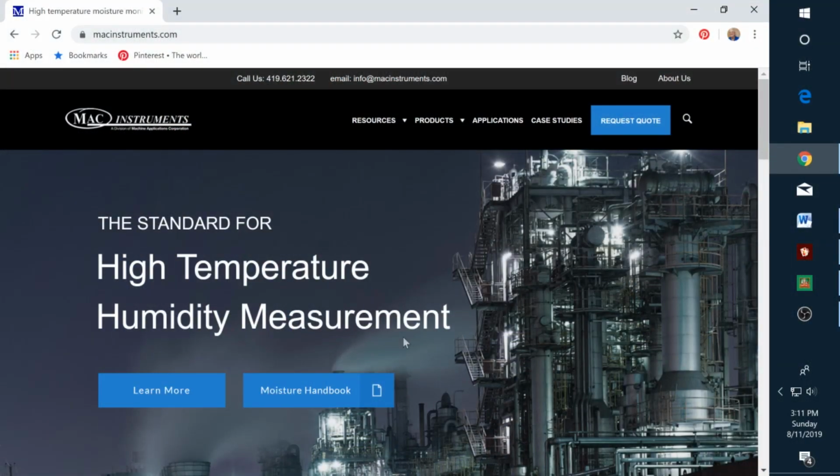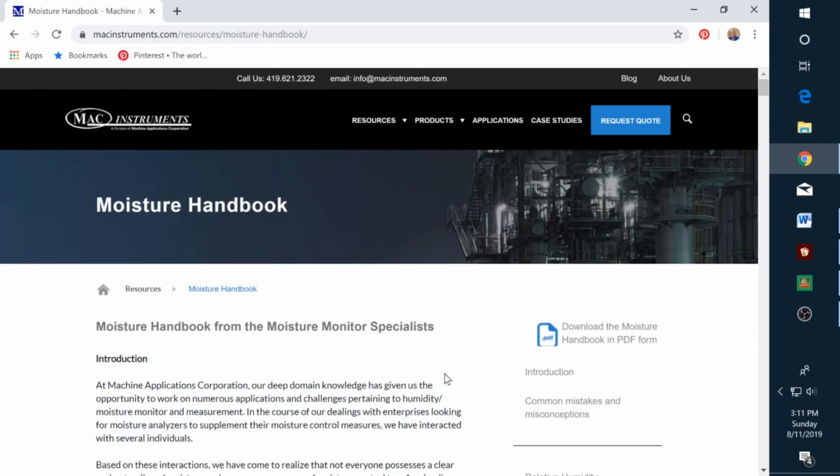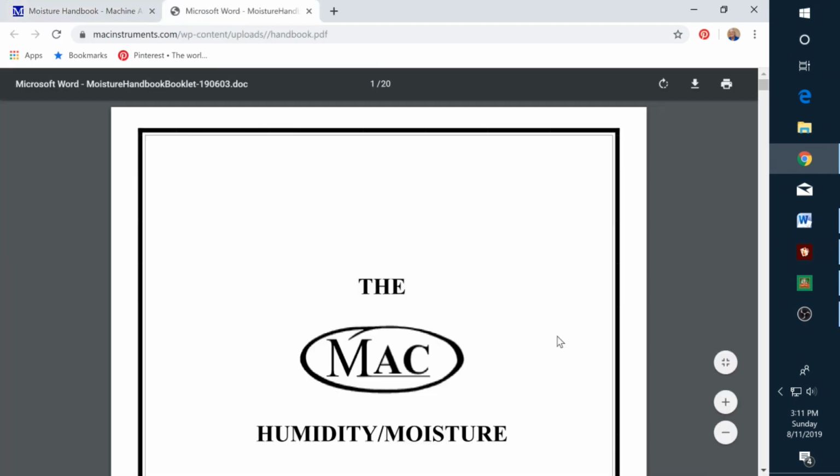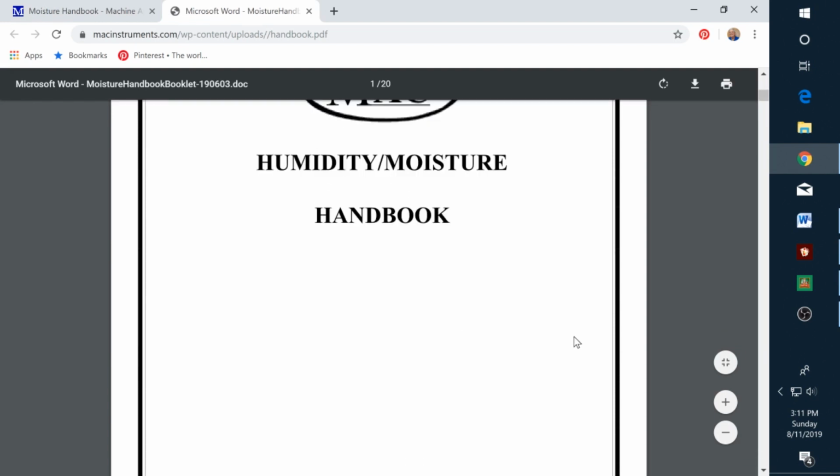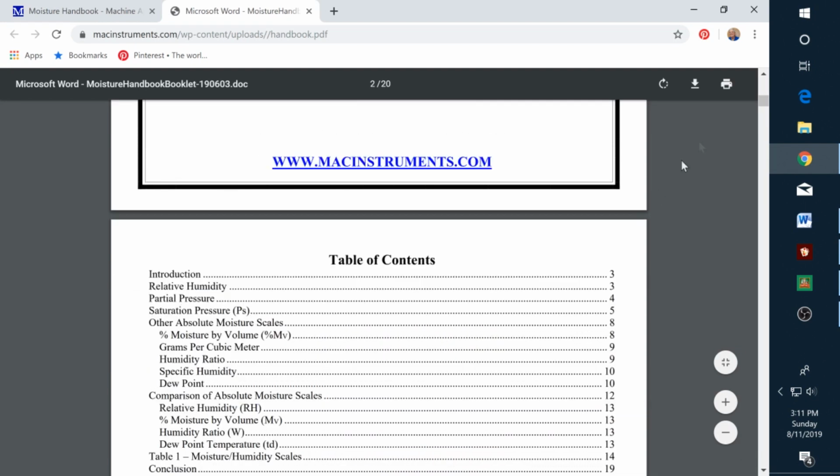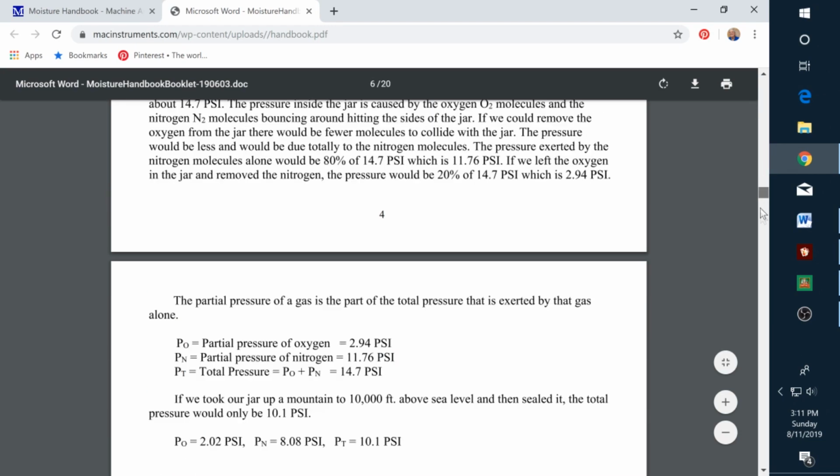Okay, here we are at the Mac Instruments website, and let's click on the handbook. And then over here is the PDF format. Let's scroll through till we come to the table.